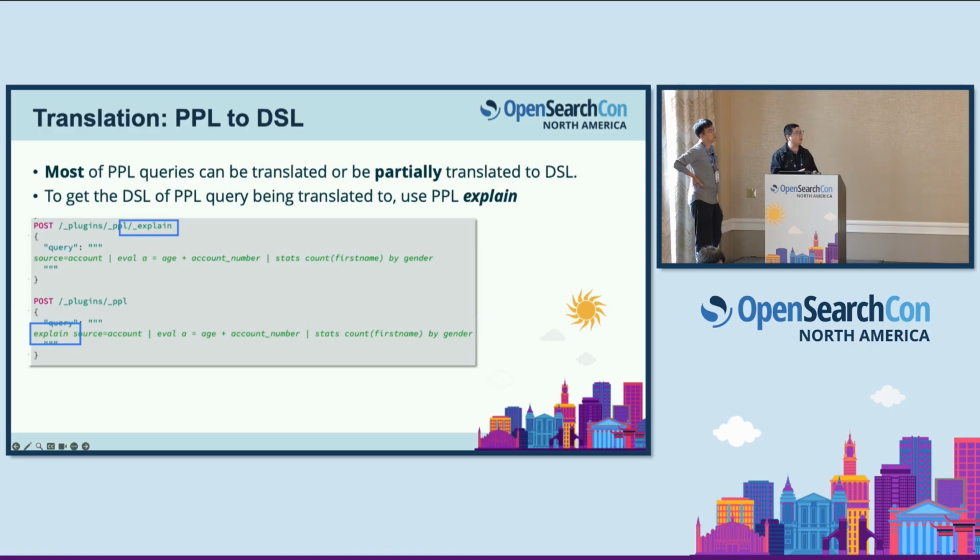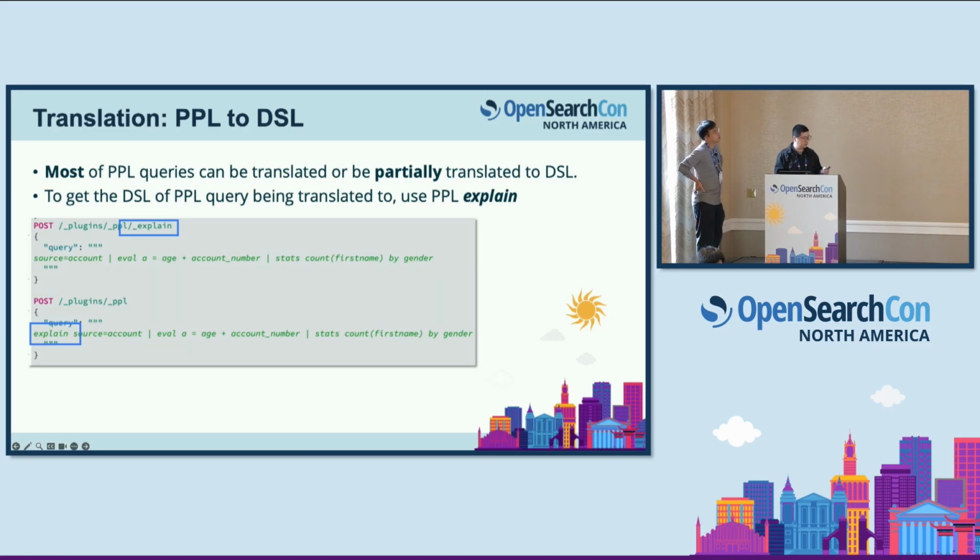This language can also be translated. Most of the PPL queries can be translated, or partially translated, to DSL. So we provide a tool to help you understand the internal DSL of a PPL. You can use the explain command in PPL or the explain endpoint.